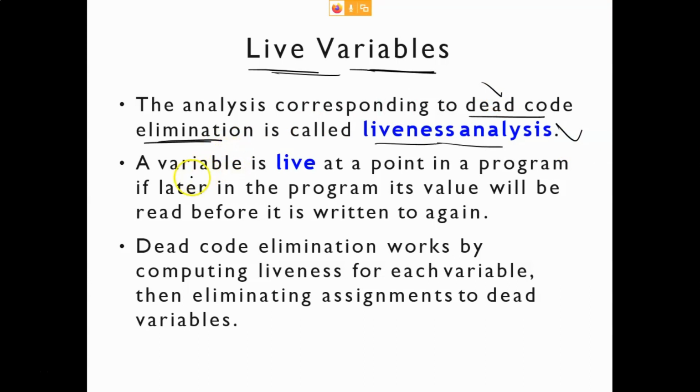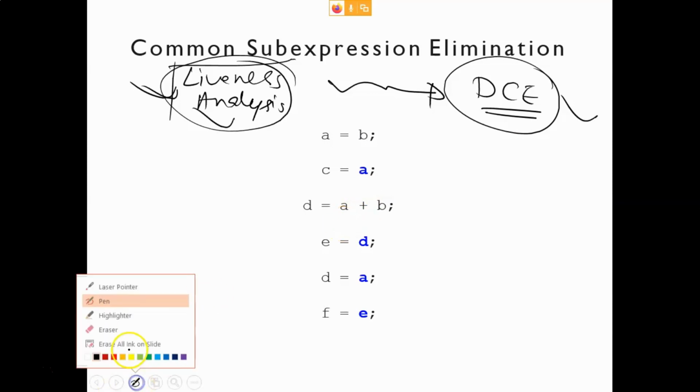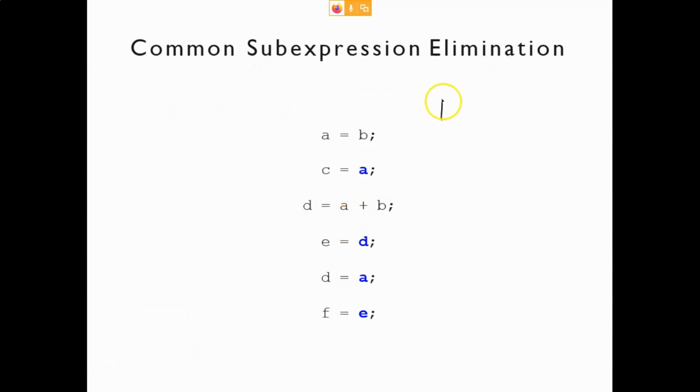Now what is the definition of a live variable? This definition is very easy. Let's assume this is your statement, v equal to a plus b. You have a definition statement. Here v is being defined and a and b are being used.